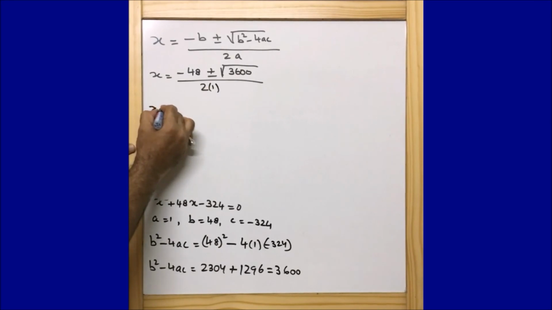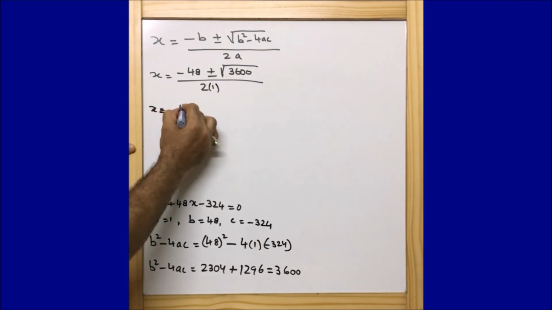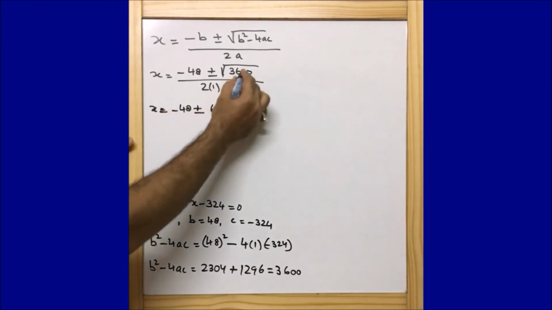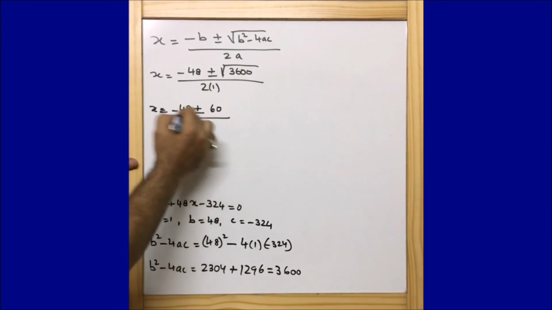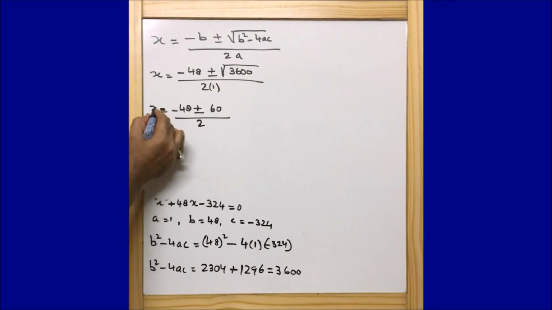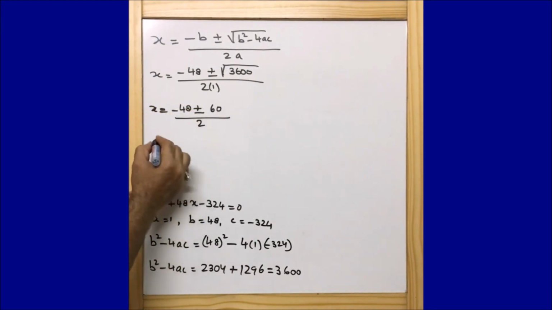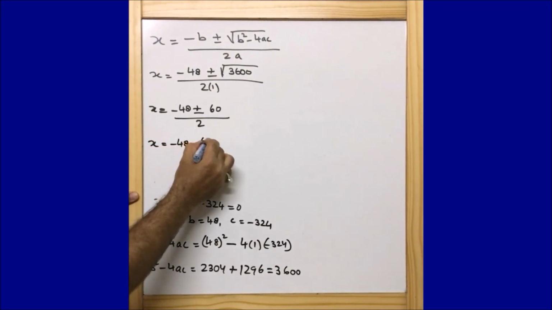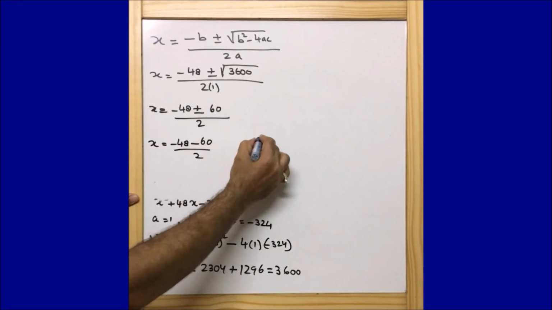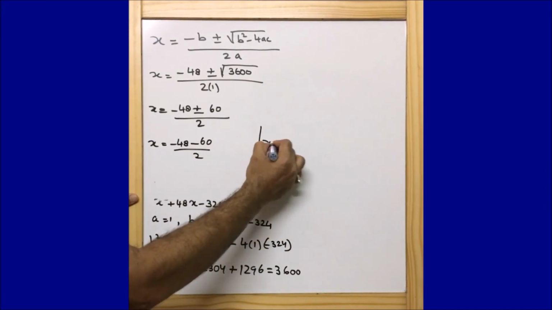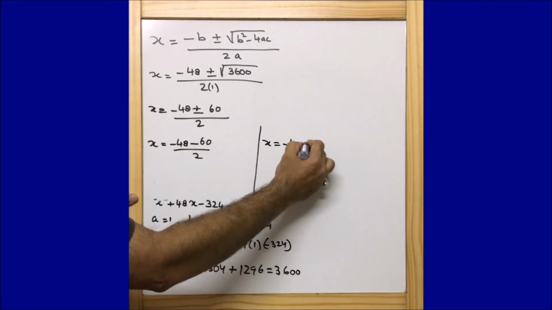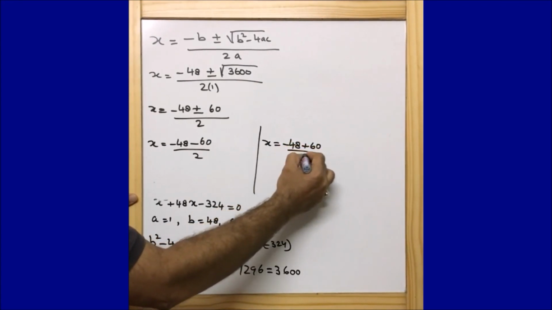I can write x is equal to minus 48 plus or minus 60, because 60 into 60 is 3600, upon 2. So x is equal to minus 48 plus or minus 60 by 2. This I can write as x is equal to minus 48 minus 60 by 2 is one equation, and the other equation is x is equal to minus 48 plus 60 by 2.